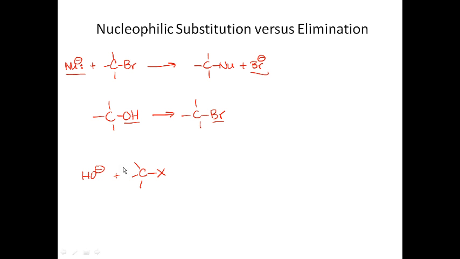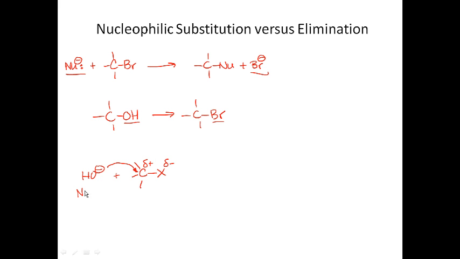What happens in the substitution reaction that we're going to do is the nucleophile will come in and donate its pair of electrons to this carbon of the alkyl halide. The reason that the alkyl halide reacts that way is because the carbon is slightly positive. The halogen is slightly negative, which is what made this carbon slightly positive.